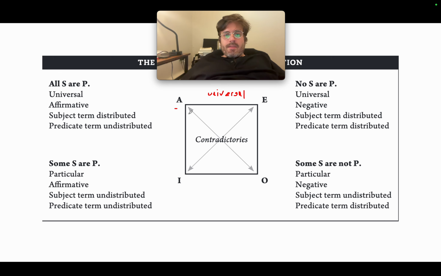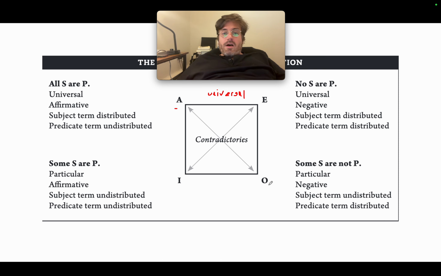And then we move down the square, and you will notice in the lower left our I propositions. Our I propositions are our particular affirmative, some S are P, and then we move over to the right, our O propositions are particular negatives, some S are not P.